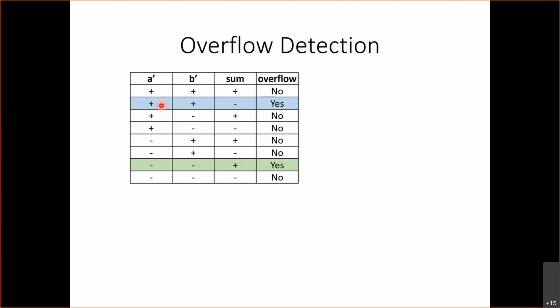A prime here, again, is an n-bit input to my ALU after the multiplexer for A. So how do I know if my n-bit value is a positive number or a negative number? We've seen this before. It's a property of 2's complement.